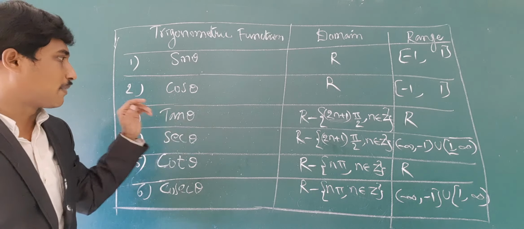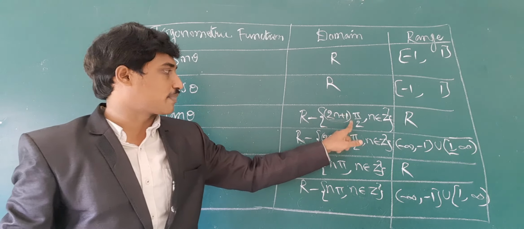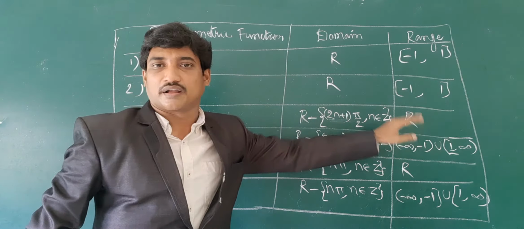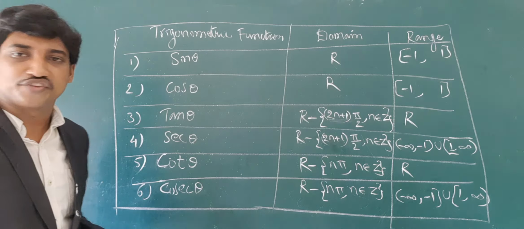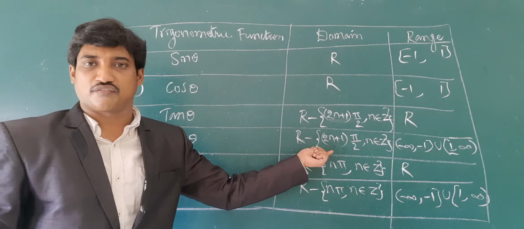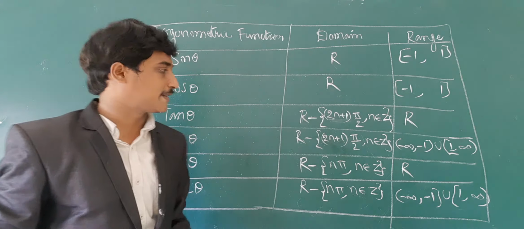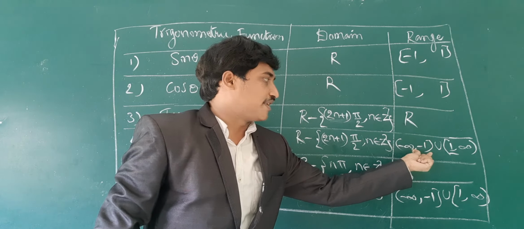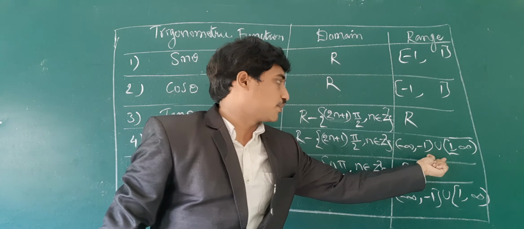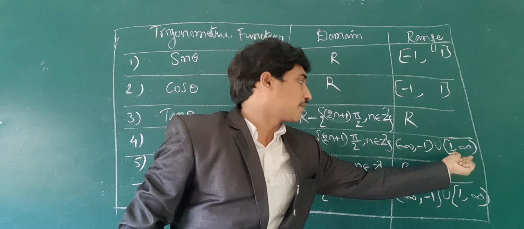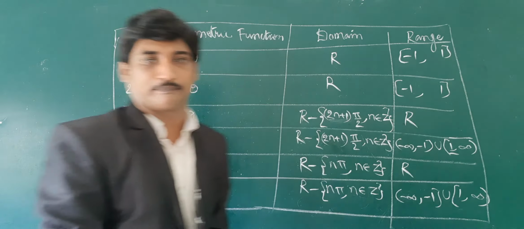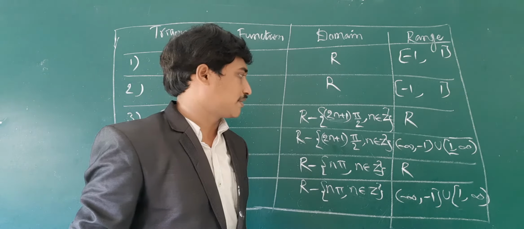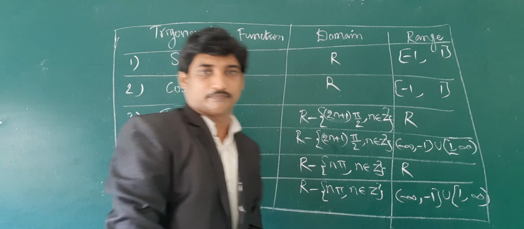Tan theta: domain is R minus the set of (2n plus 1) pi by 2, n belongs to Z. Range is R. Secant theta: domain is R minus the set of (2n plus 1) pi by 2, n belongs to Z, and range is open bracket minus infinity, minus 1 closed bracket, union, closed bracket 1, infinity open bracket. That means secant theta is less than or equal to minus 1 or greater than or equal to 1.